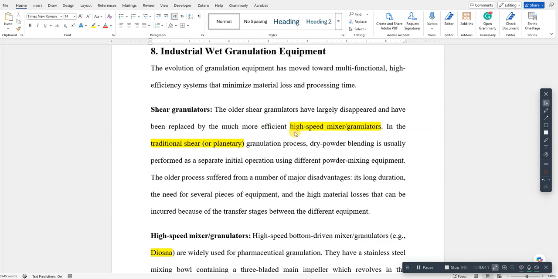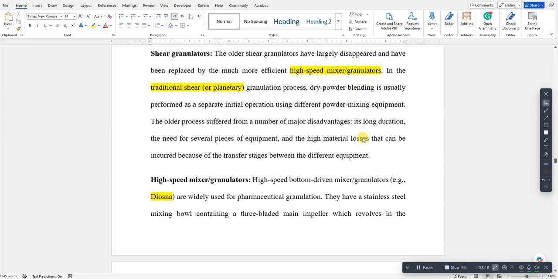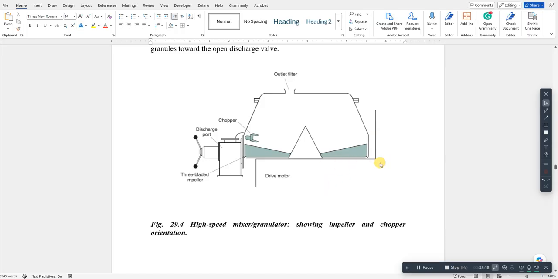More efficiently, we have the high-speed mixer granulator. As you will see here, you have a propeller to do the mixing and a chopper here. After adding the wet solution to the powder mix, this chopper will work in order to cut the wet mass into granules, and eventually it is discharged here.